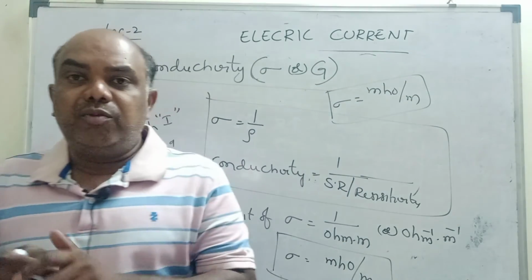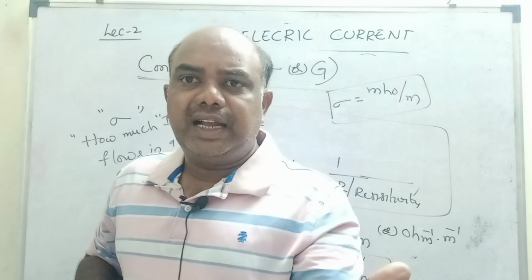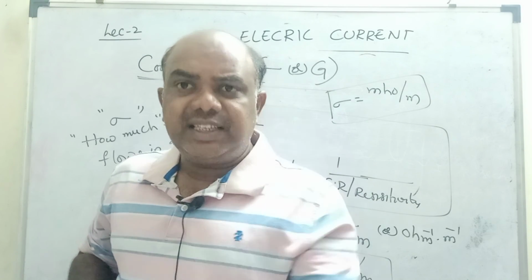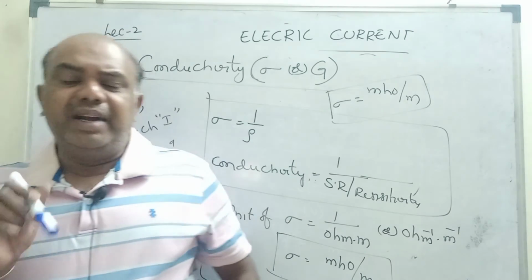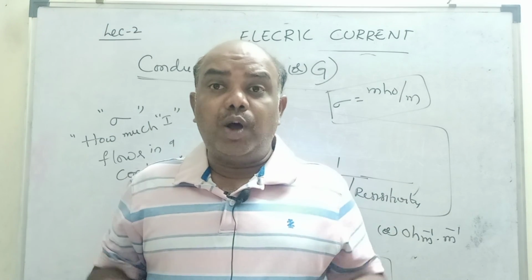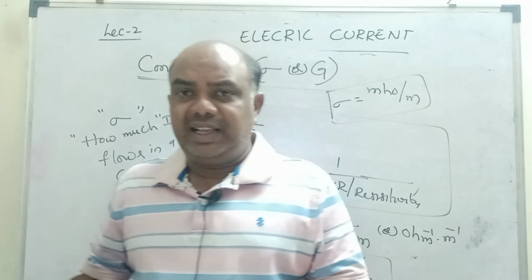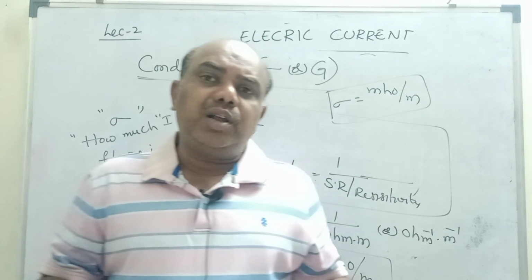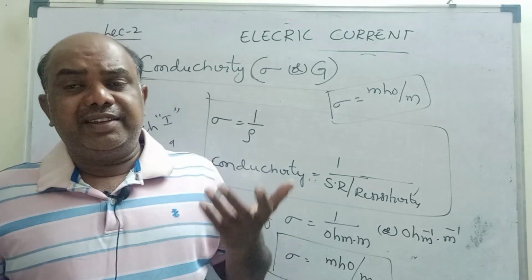Mho per meter. Conductivity says how much current flows in the conductor. Conductivity is just the reciprocal of resistivity. It is not a definition, but for better understanding, these are all definitions. Conductivity means how good the conductor is. If conductivity is more, automatically current flow will be more, and resistivity will be less.